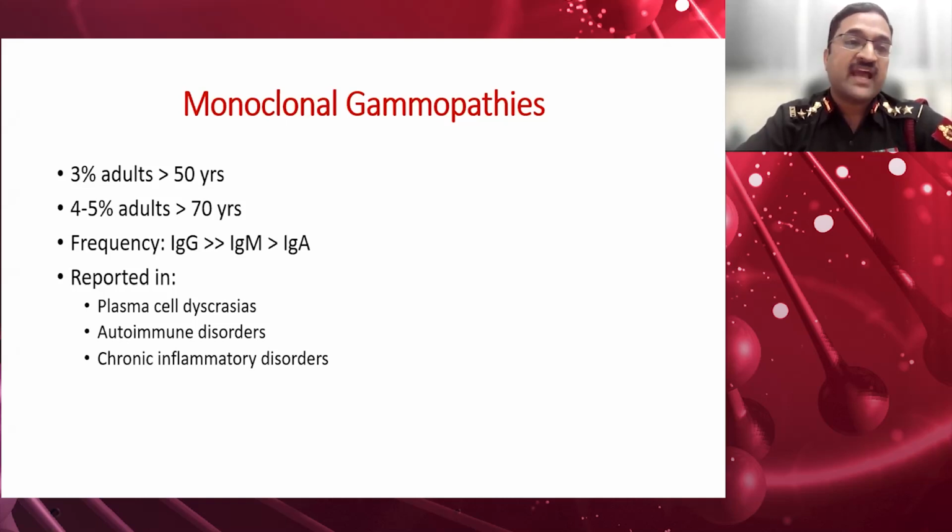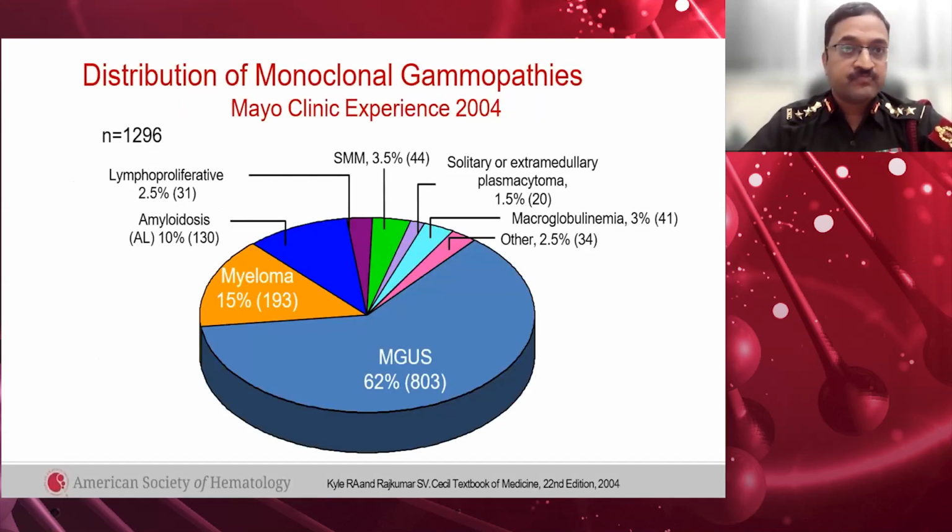It could be because of plasma cell dyscrasias, autoimmune disorders, or chronic inflammatory disorders, which can lead to a mild M spike in individuals. It need not mandatorily be a neoplastic condition; we have a huge array of benign conditions which can lead to an M protein.